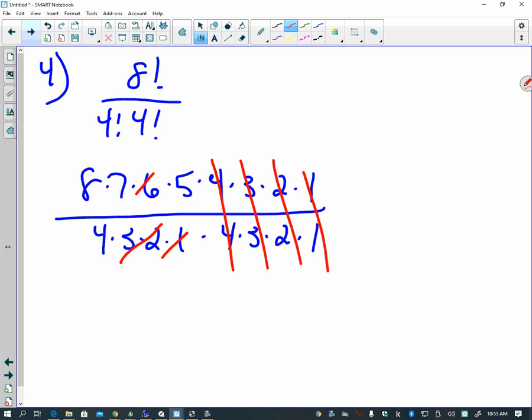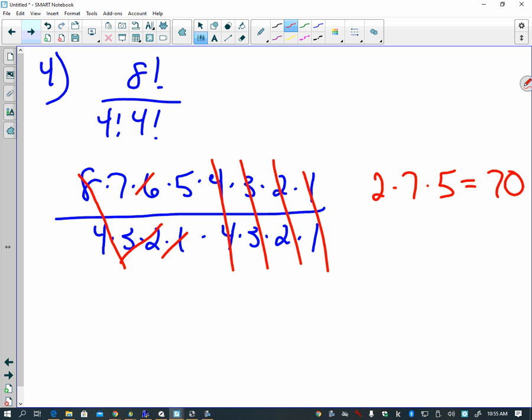And you might even be able to simplify 8 divided by 4, which would be 2. If I simplify that to 2, that would be 2 times 7 times 5, so I would get 70 in that case. Is the answer 70? Yeah.